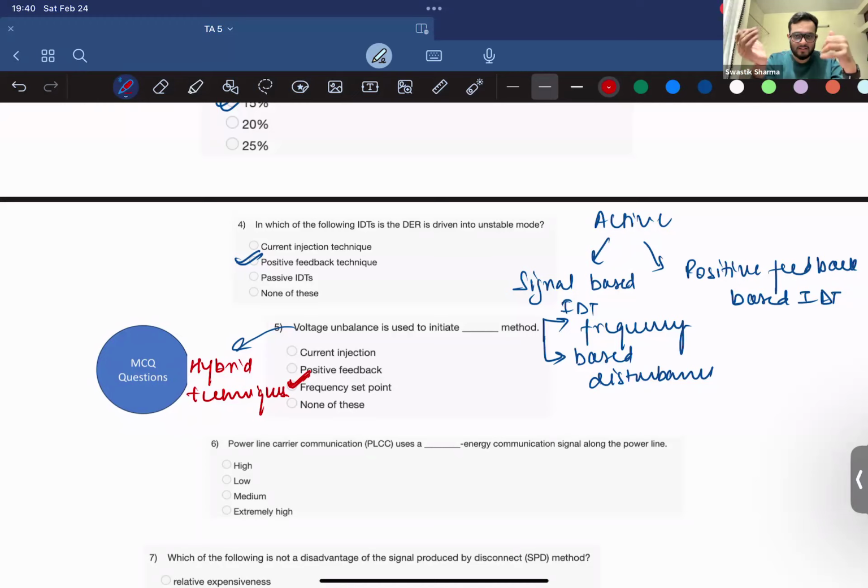It usually sends a low energy communication signal, because if the signal is high, it can cause EMI, electromagnetic interference, or RFI, with your system. So generally, they send a low energy communication signal.